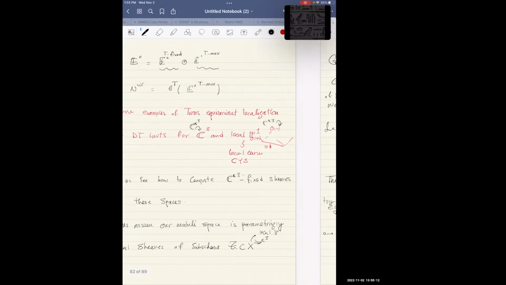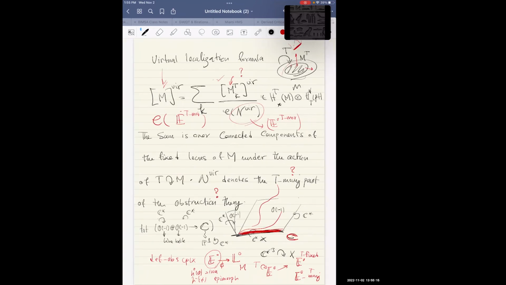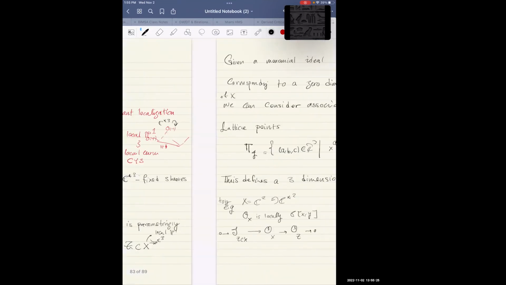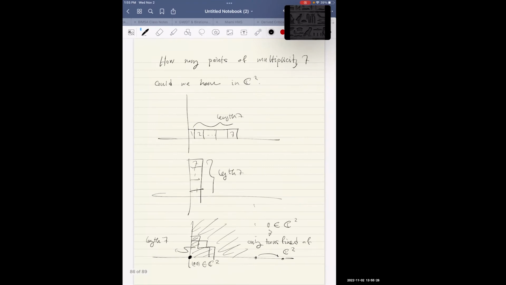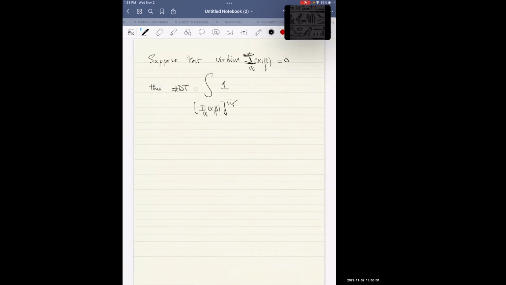I can say that this moduli space, I can replace I with the torus fixed locus of I. So this will be an integral of 1 over the equivariant Euler class of the virtual normal bundle, summing over I chi x beta, the virtual T fixed part of it.